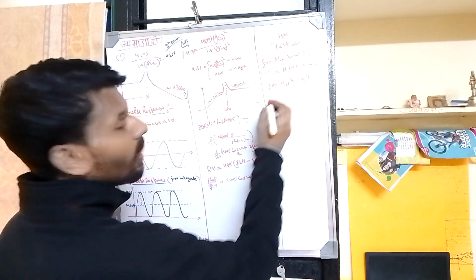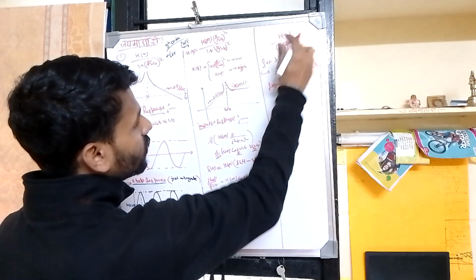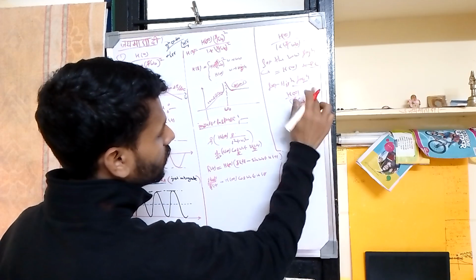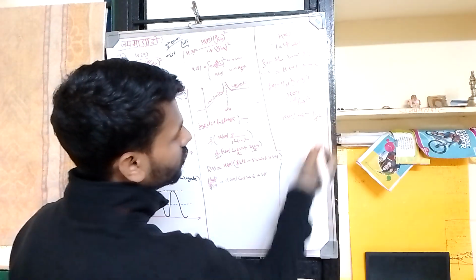For high frequency, the s squared term dominates, so it looks like H(0) omega naught squared times 1 by s squared.